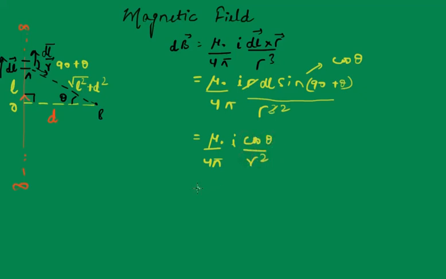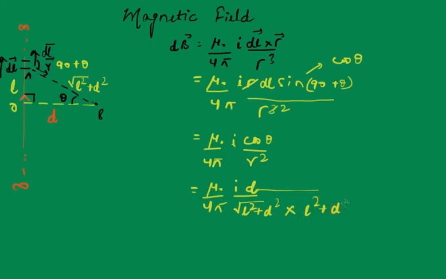If we put in r square, what do we get? Mu naught by 4 pi into I into, first of all, what is cos theta? In this triangle, cos theta is base by hypotenuse, so d by r, right? That is d by under root L square plus d square. And what is r square? r square is L square plus d square.